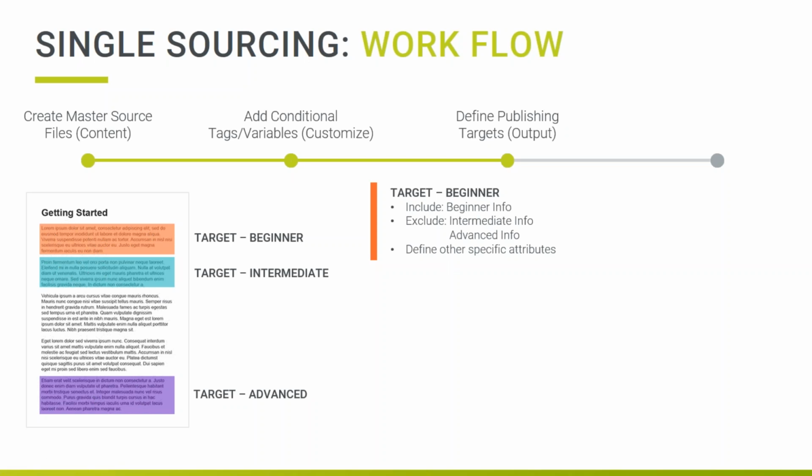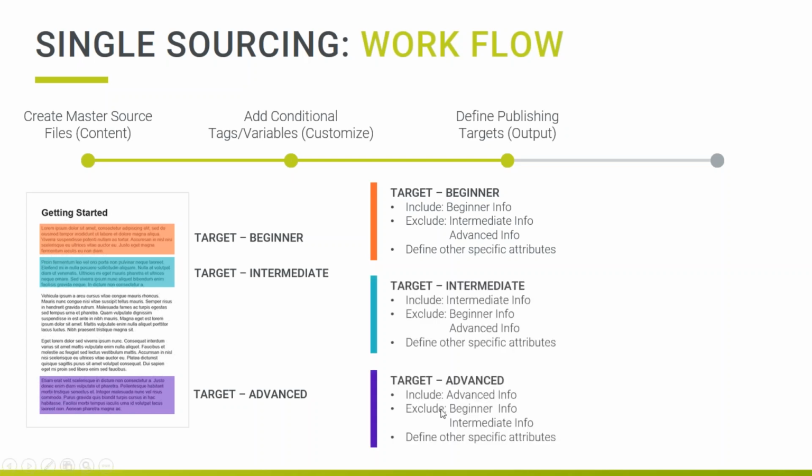I want to publish to smartphones, include my smartphone templates. I want my company branding for company A, that's my partner. All of my look and feel actually gets applied at that target level. And if I have to produce a second version or a third version of this content, I can just define additional targets, additional little recipes.